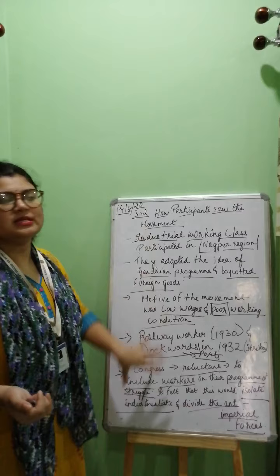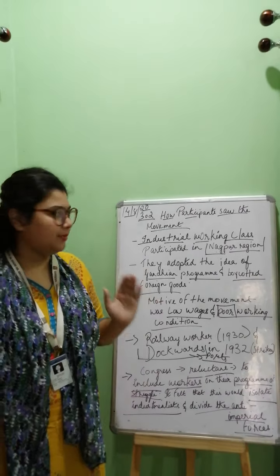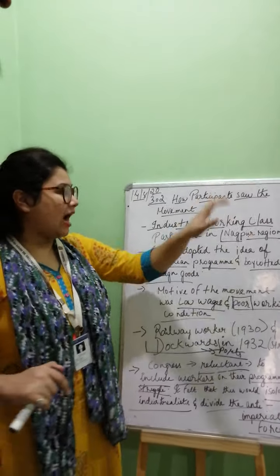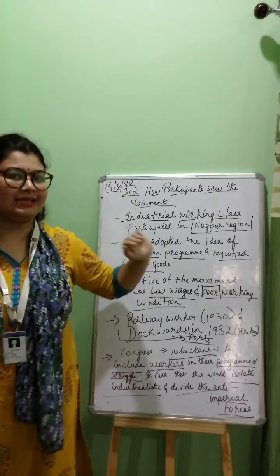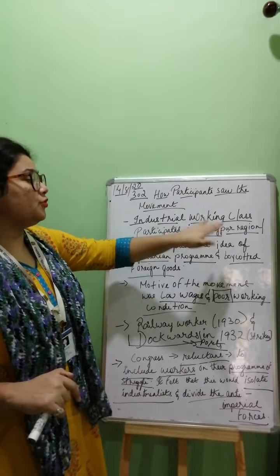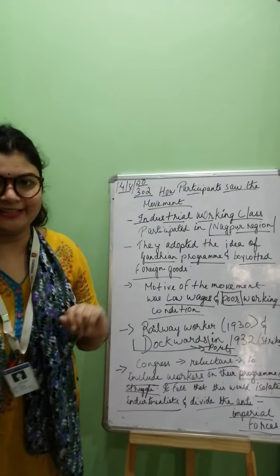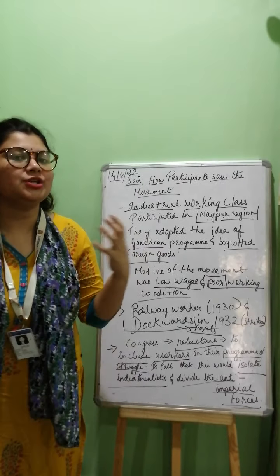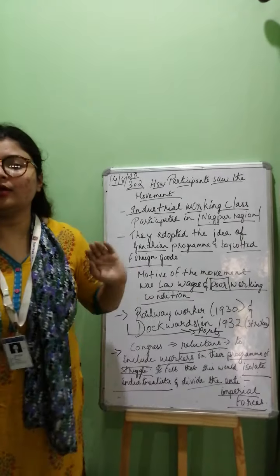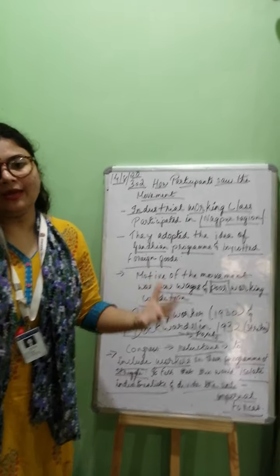So that's all about this industrial working class. I hope you have understood. So please try to remember that industrial working class workers of the Nagpur region supported the civil disobedience movement of 1930. Why? Because they wanted a change in their working condition, and also they wanted their wages to be increased.